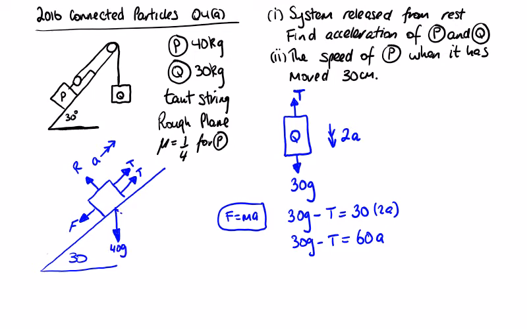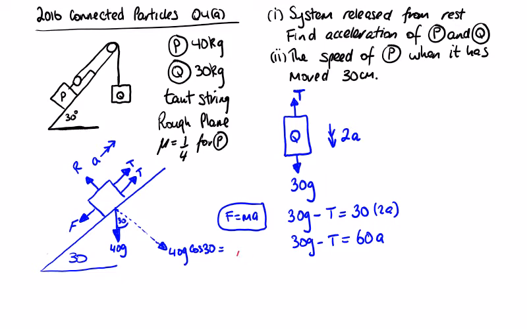So in this direction, I have my 30. I'm going to have 40G adjacent to 30, so cos 30. And we know the cos of 30 is root 3/2. So 40G by root 3/2 is 20 root 3G.